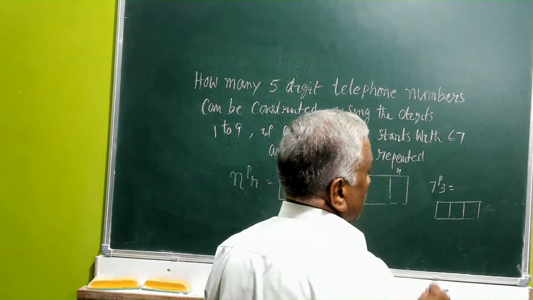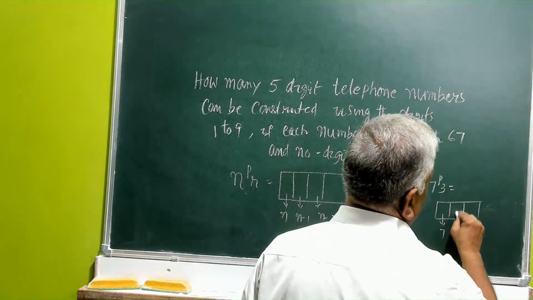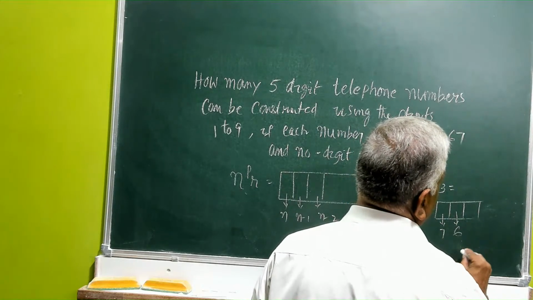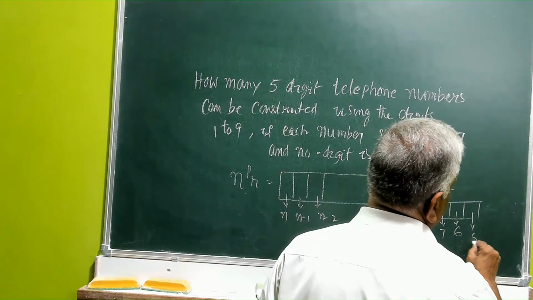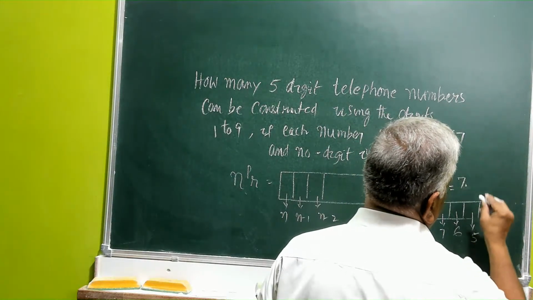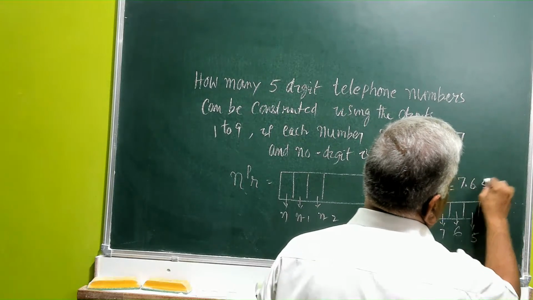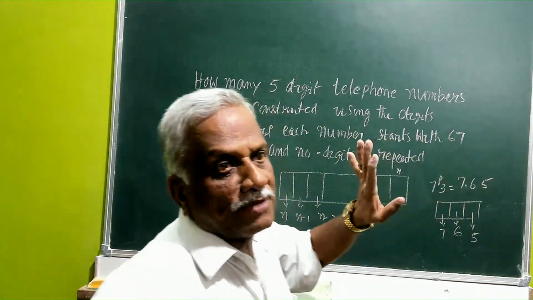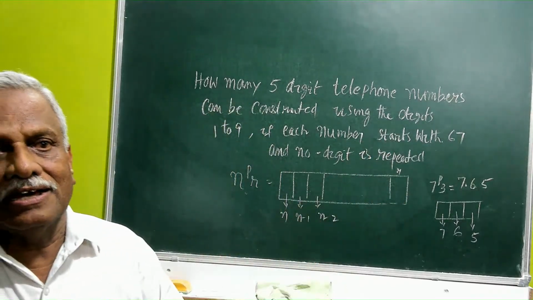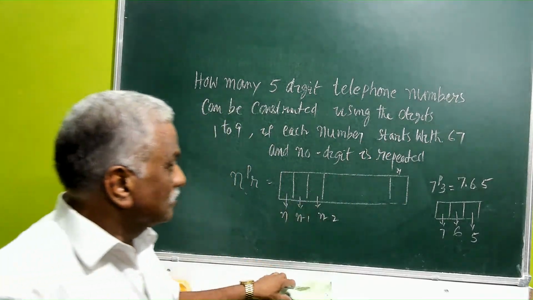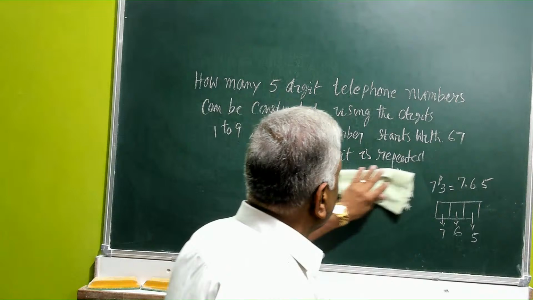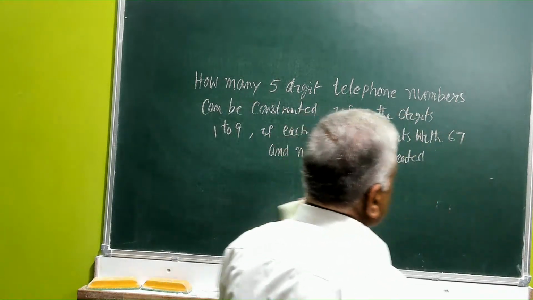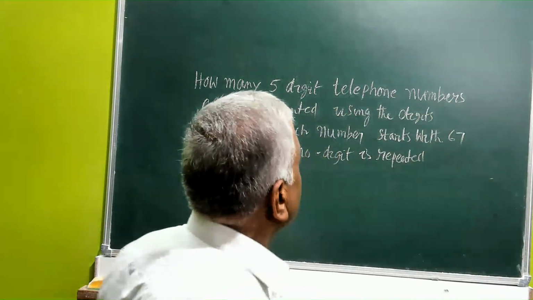The first box can be filled in 7 ways, the second box in 6 ways, the third box in 5 ways. Therefore, 7 into 6 into 5. I just gave the formula there, and now I'm giving you the analogy of how we work the problem. If you recall that, working these types of problems becomes very easy.